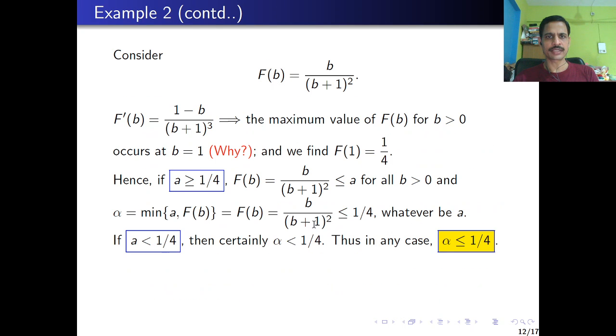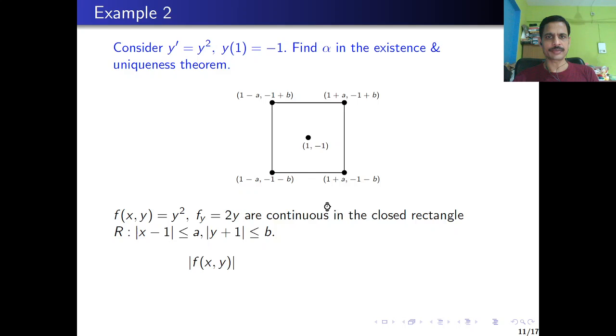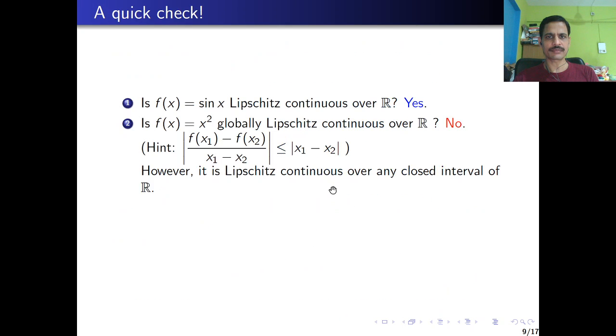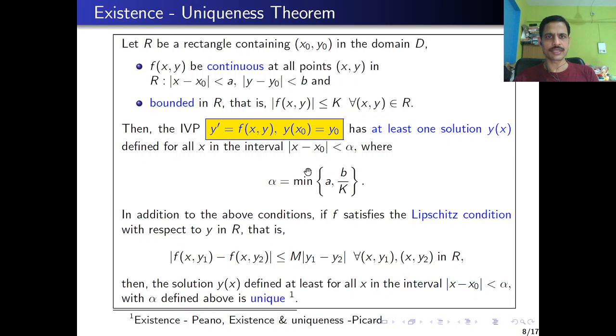Let us see the initial value problem statement once again. So here is the statement. We need the continuity of f of x comma y and we need this condition to be satisfied.